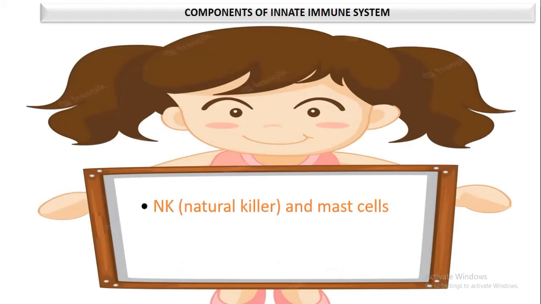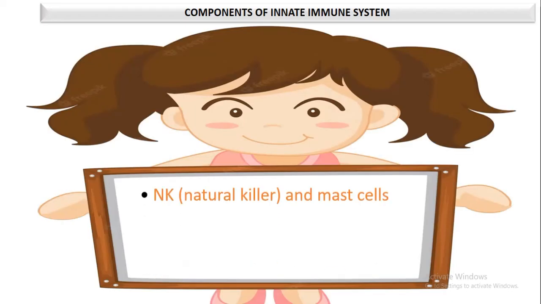Now, what are the cells which are found in this innate system? One of the cells found in the innate system are the natural killer cells and the mast cells. These cells I'm going to cover in much more detail in the next lecture.